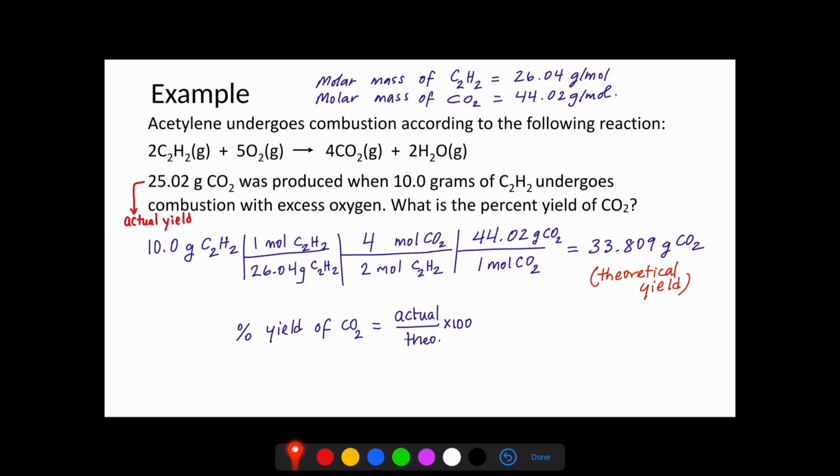So now the percent yield is going to be actual over theoretical times 100, where actual is this number, theoretical is that number, which when calculated and rounded off to 3 sig figs is going to give you 74.5%. So this is the answer.